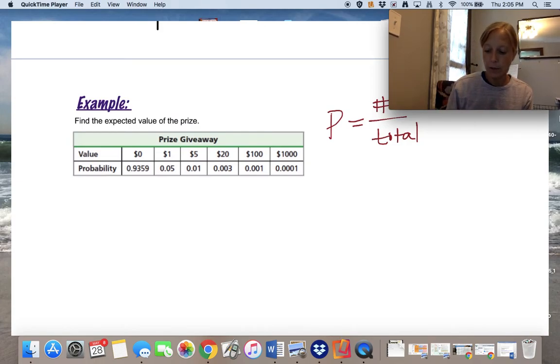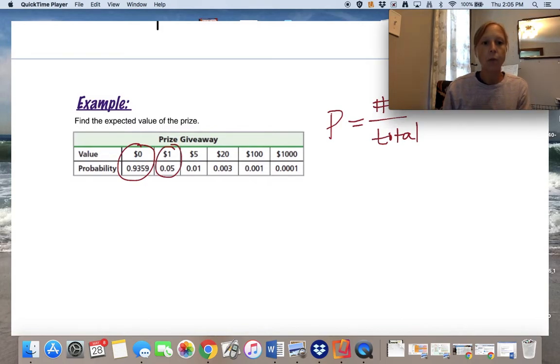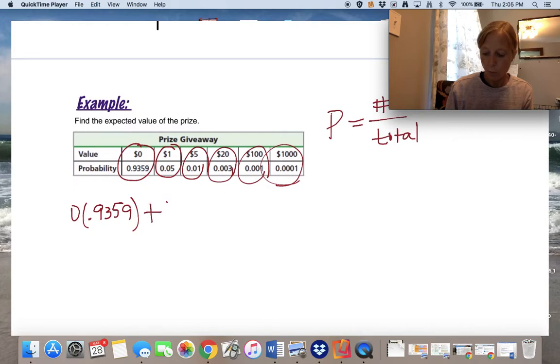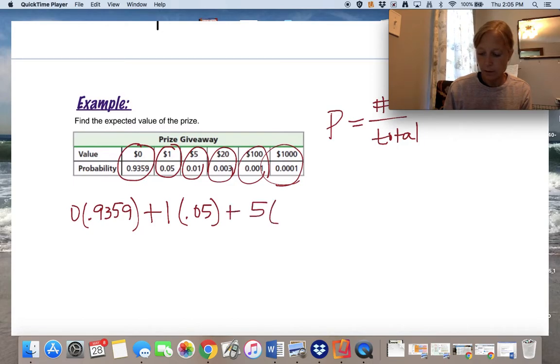So all we're going to need to do is multiply each probability by its value, and then we'll add them up. All right, so 0 has a probability of 93.59, plus $1 has a probability of 5%, plus $5 has a probability of 0.01.